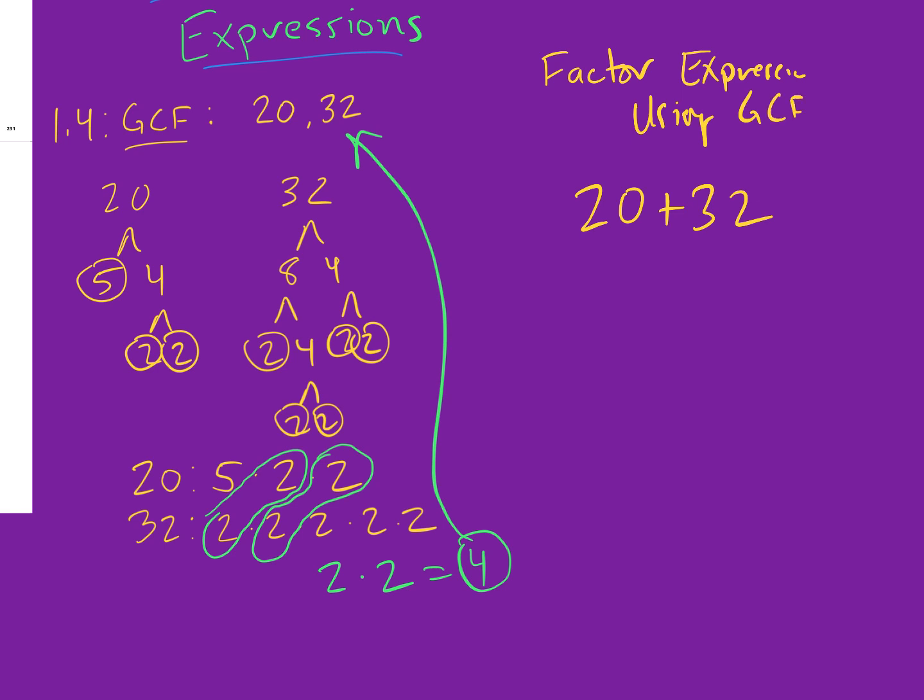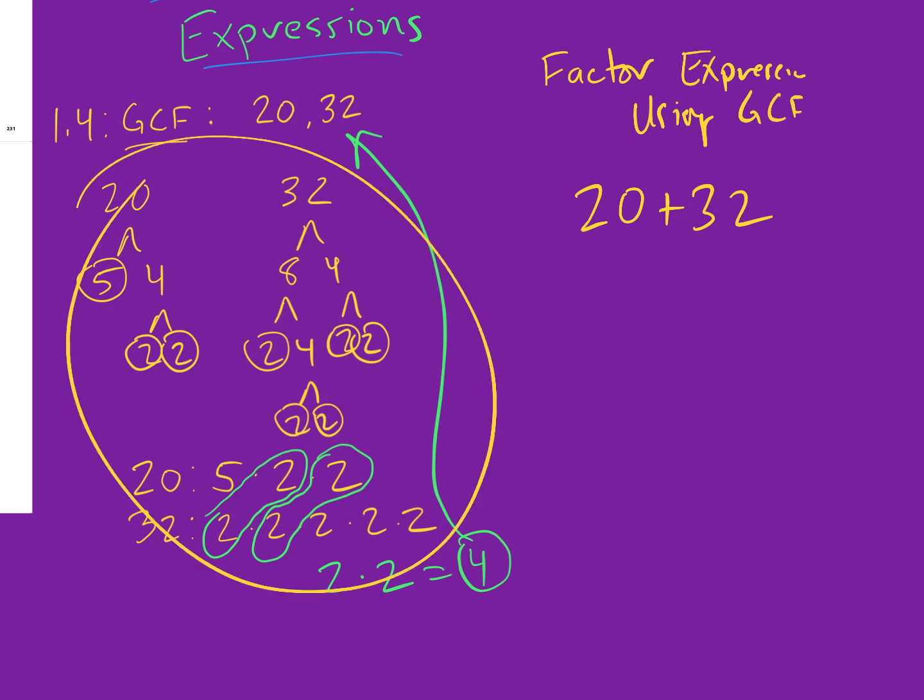Okay, so I showed my work using a factor tree to find the GCF. And so I'm going to use 4 as my greatest common factor, and so I'm going to pull 4 out of here. So I'm going to put it on the outside of some brackets, and then I'm going to figure out what is the other multiple other than 4 that gives me 20, which is 5.